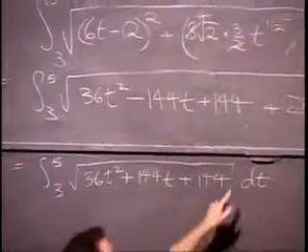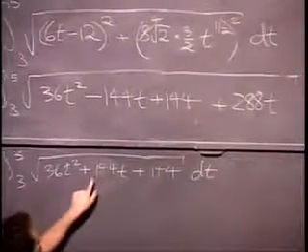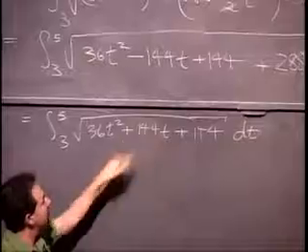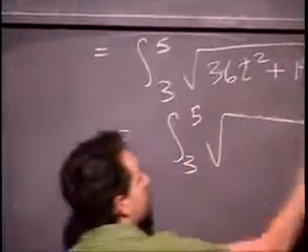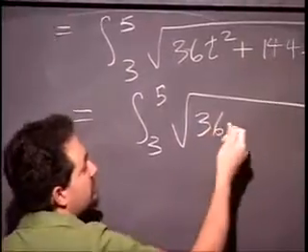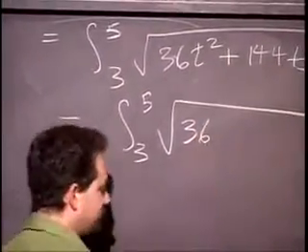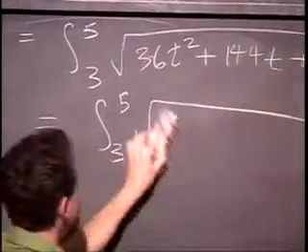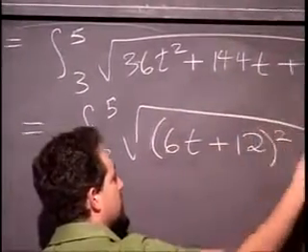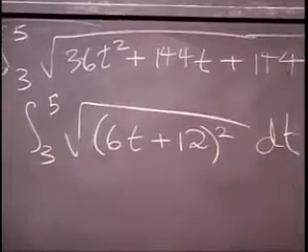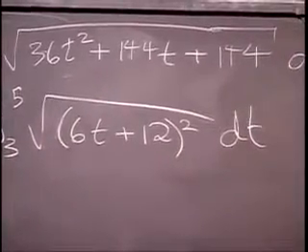Because of this magic number 288, that's changed the minus to a plus. So you can actually factor this directly, that was kind of lucky, into, well, let's write it this way, 6t plus 12 all squared. That was kind of lucky, wasn't it?